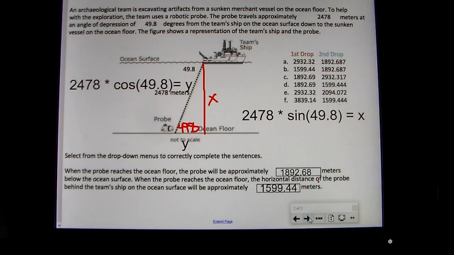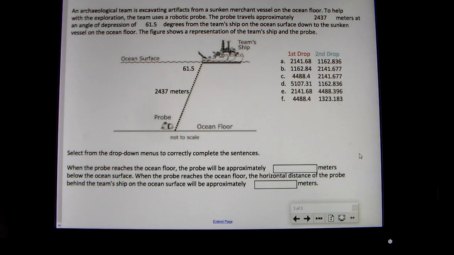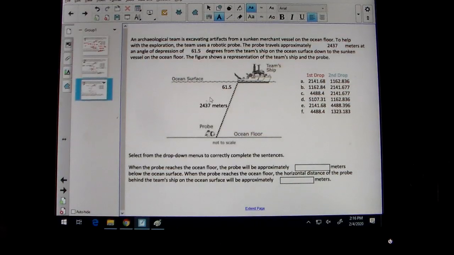Let's squeeze in one more problem, and then you guys will work on the rest of the problems on your own. So we got the same battleship problem. We know 61.5 is right there in that corner, so that means this guy right here is also 61.5. We'll make our nice line to make a triangle.